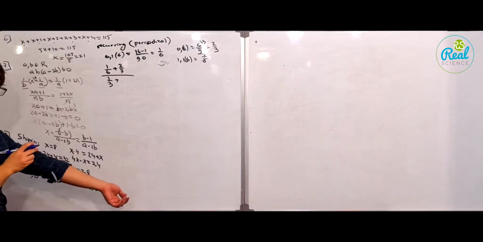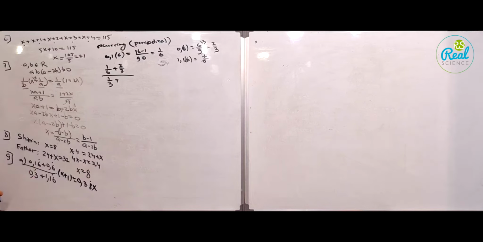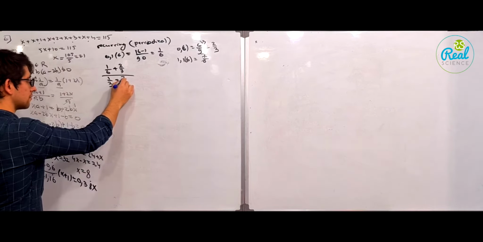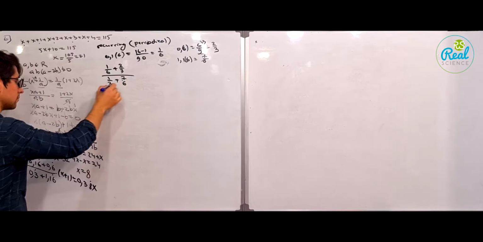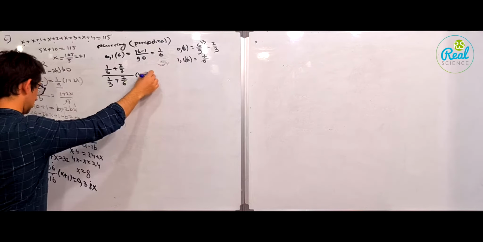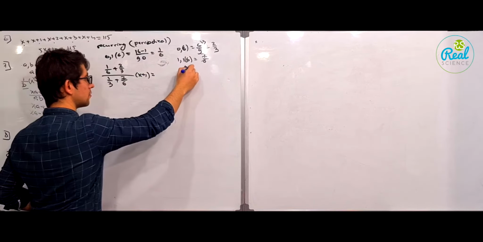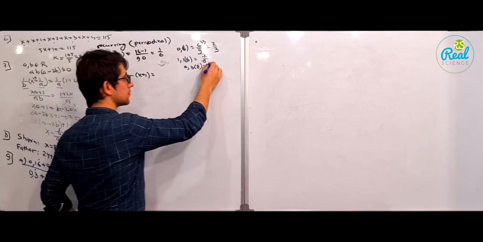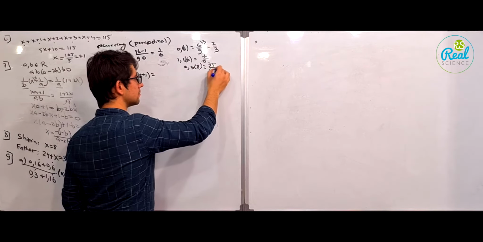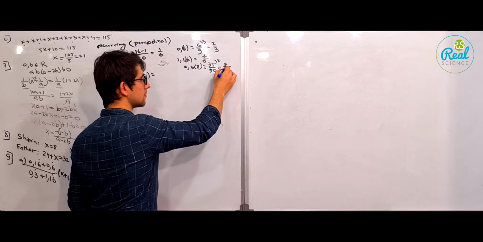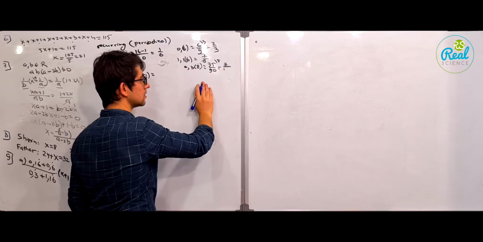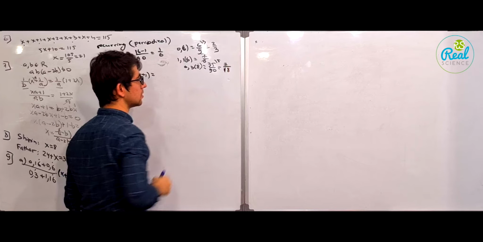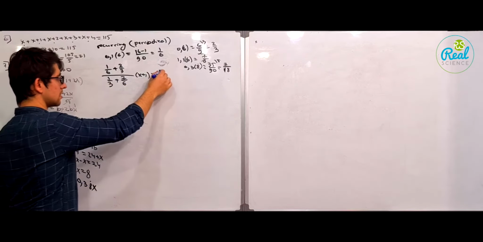Yes, so this is 7 over 6. x plus 1 equals... So 0.3 recurring is 1 over 3, and dividing by 5, 7 over 18. So this is 7 over 18.